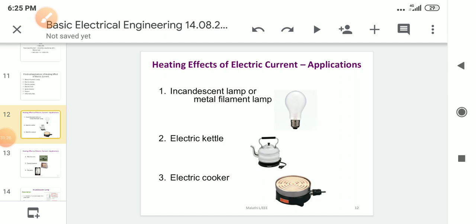We will see some of these appliances. Like that, it has more applications for industry purposes also, in welding, all those things. That comes in another subject. In this, our subject is limited to this type of domestic appliances only, in our curriculum.